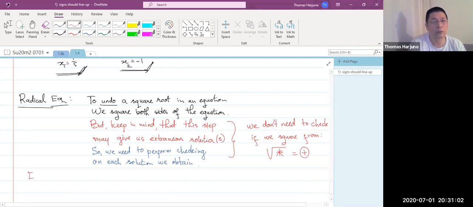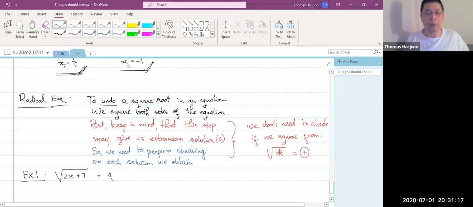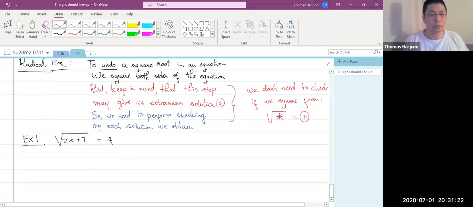Suppose, for example, we have square root of 2x plus 7 equals 4. Notice that the right-hand side is already positive, right? So if I square both sides, to cancel the square root, the left-hand side, the square will cancel the square root.